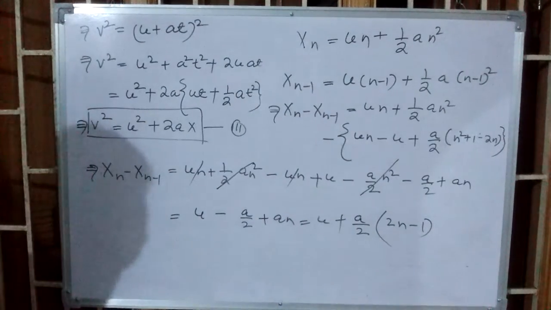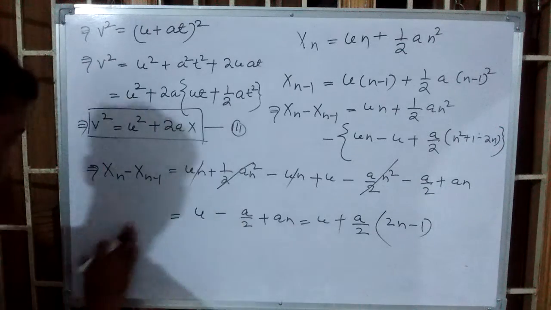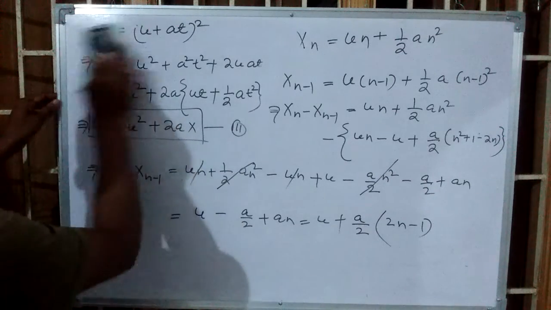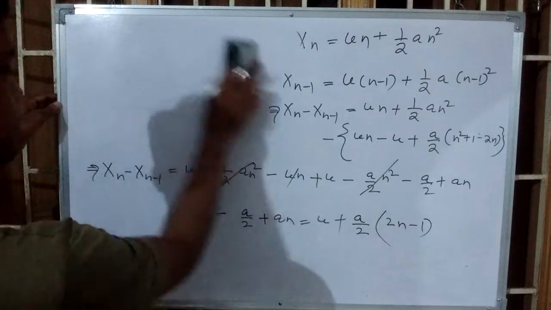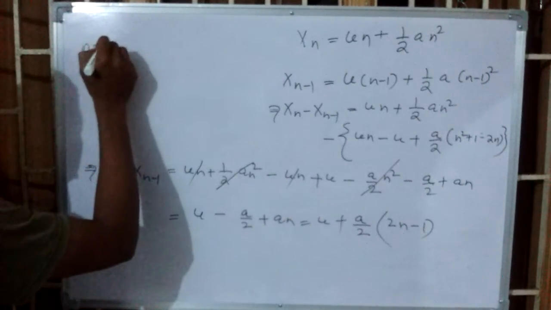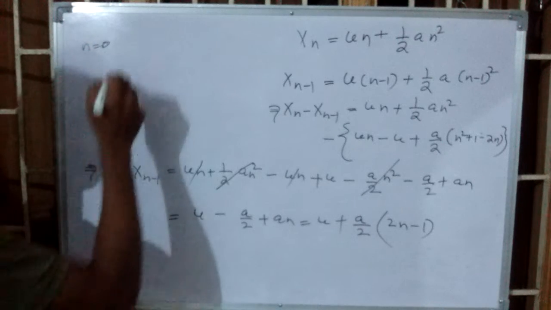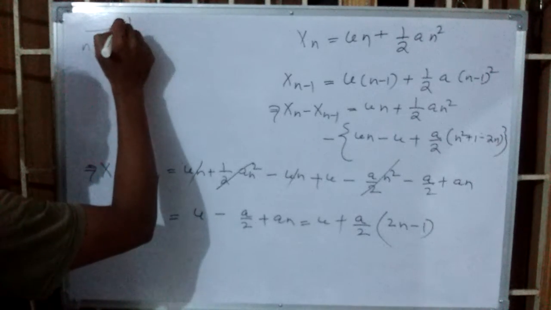Now what does it mean? Now look, what is xn and xn minus 1? Suppose the body started from n is equal to 0 second. This is n is equal to 1 second.